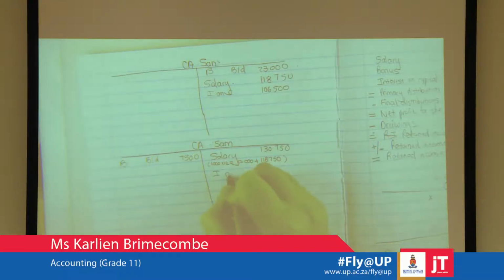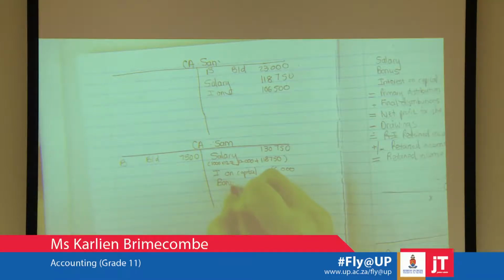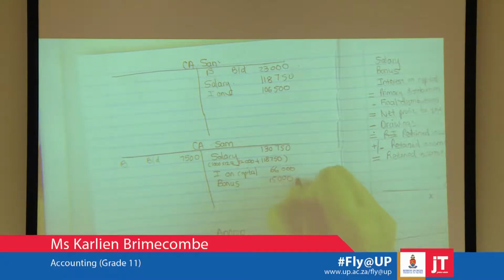So interest on capital, 66,000. Next, it was agreed that Sam received an incentive bonus of 15,000 for an extra hour spent finalizing an advertising campaign. So who gets a bonus? Only Sam. He's entitled to it, so it will be recorded on the credit side. How much? 15,000.